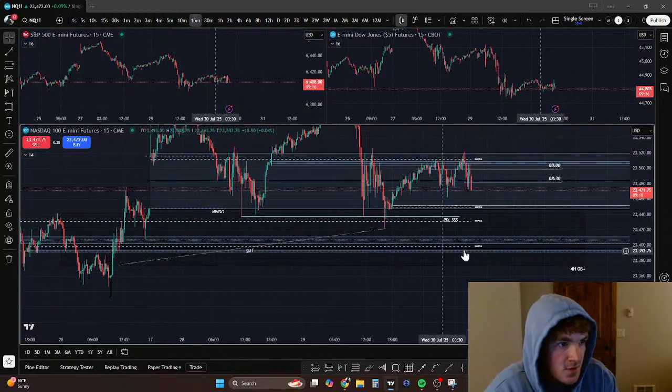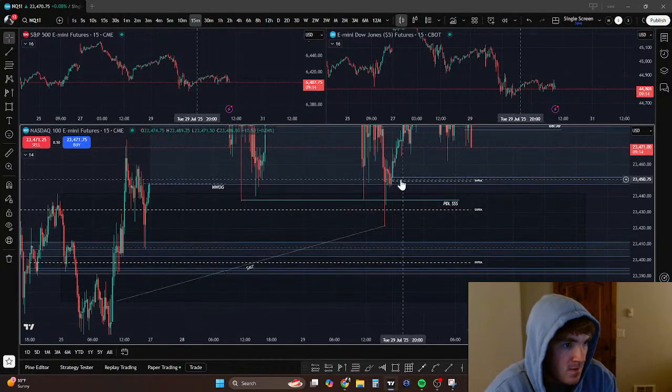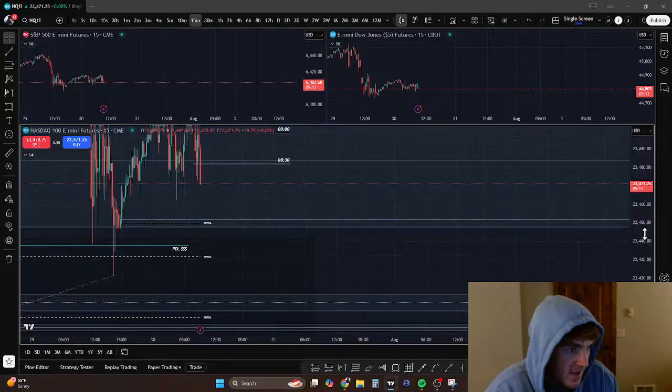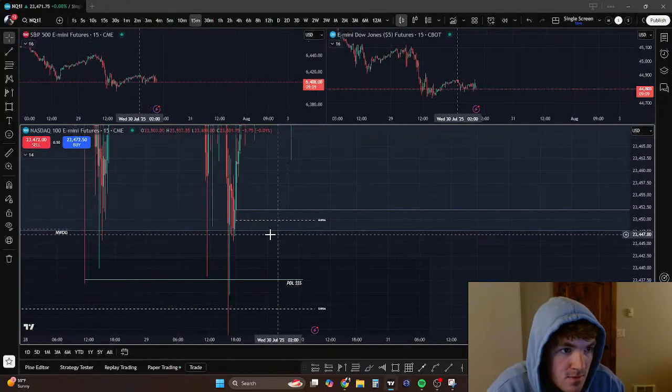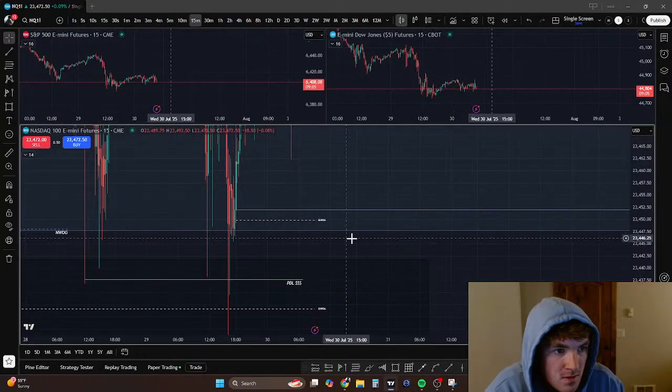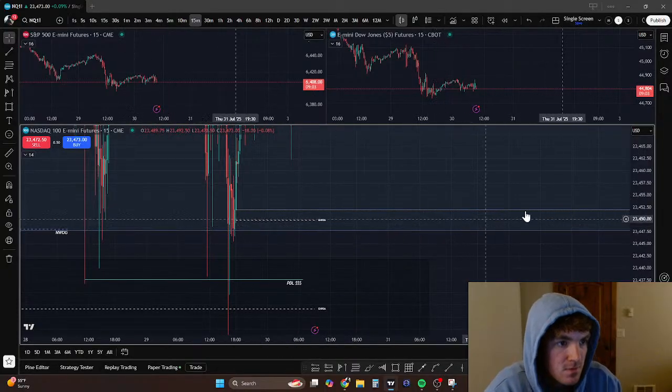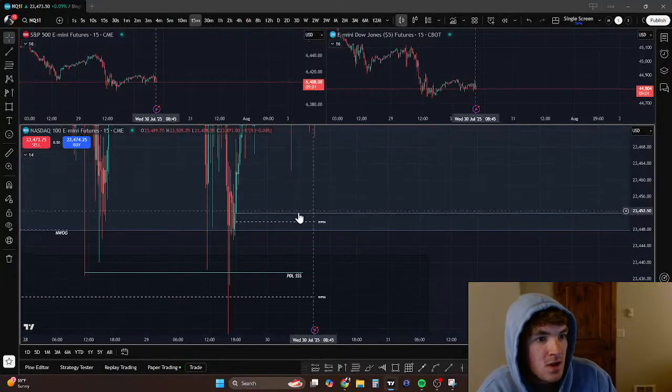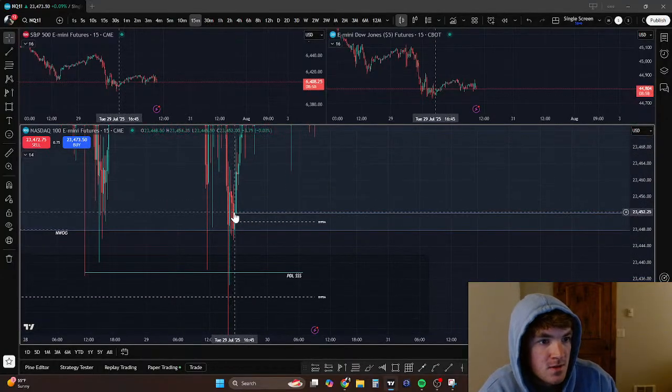Oh, and it's also a new day opening gap, I think. What is that? Why does it look like that? Oh, is it just because it's that tiny? That's so tiny. It's just a line.